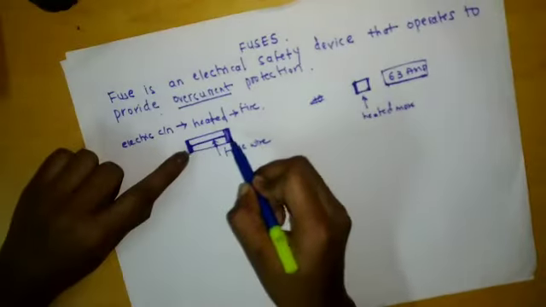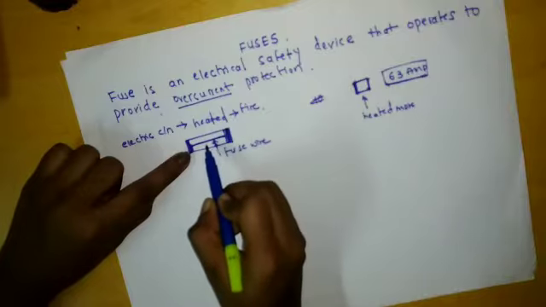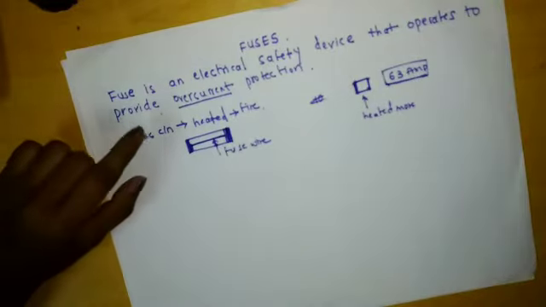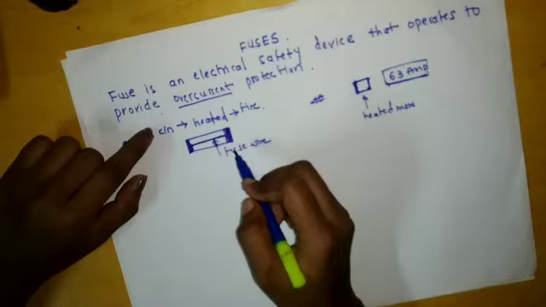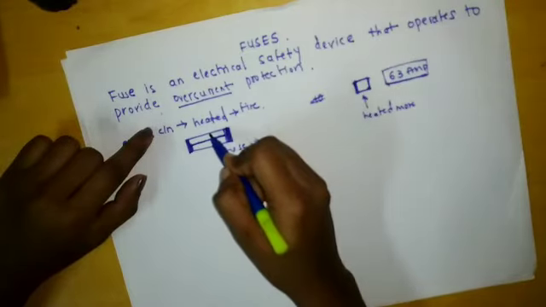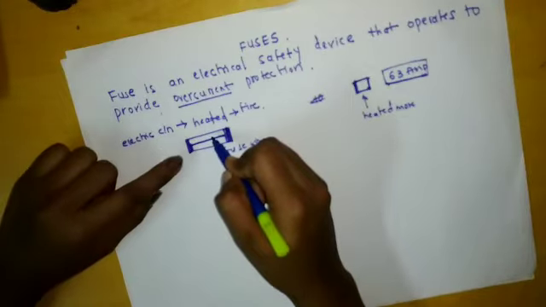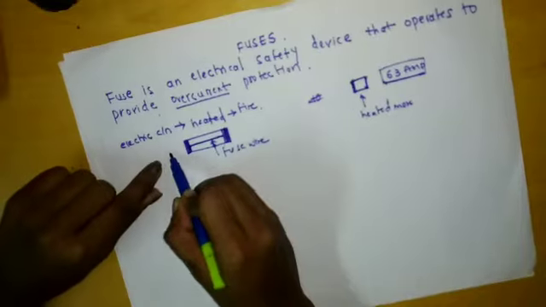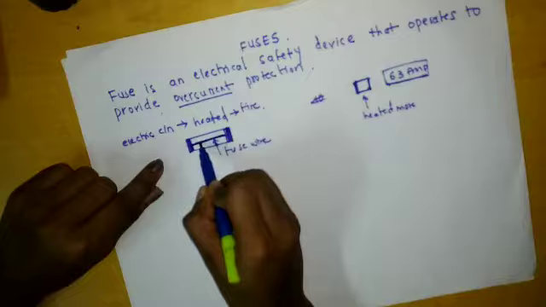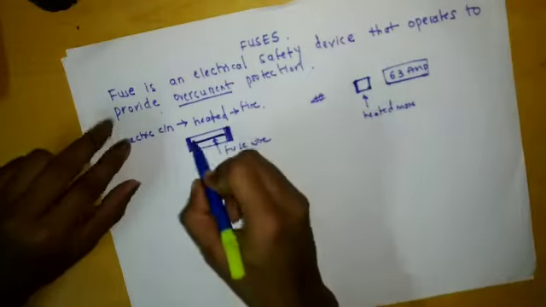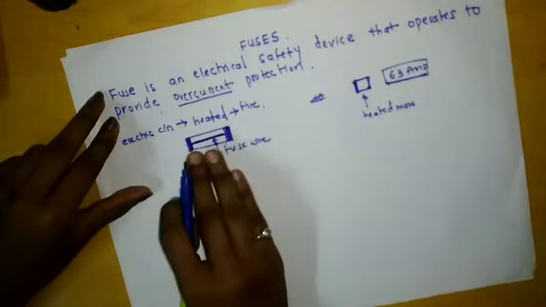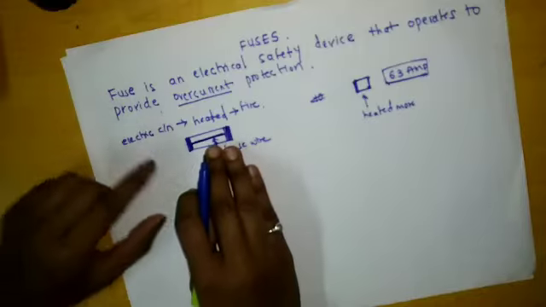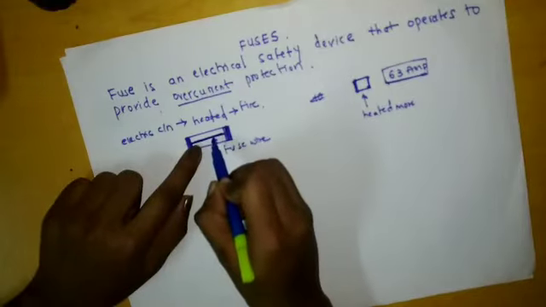So these are the two terminals. This is the fuse wire, okay, and the rest of the part is made up of non-combustible material. That means this will not catch fire even if the overcurrent flows through this fuse wire. So whenever the overcurrent flows through our fuse wire, this fuse wire gets melted.